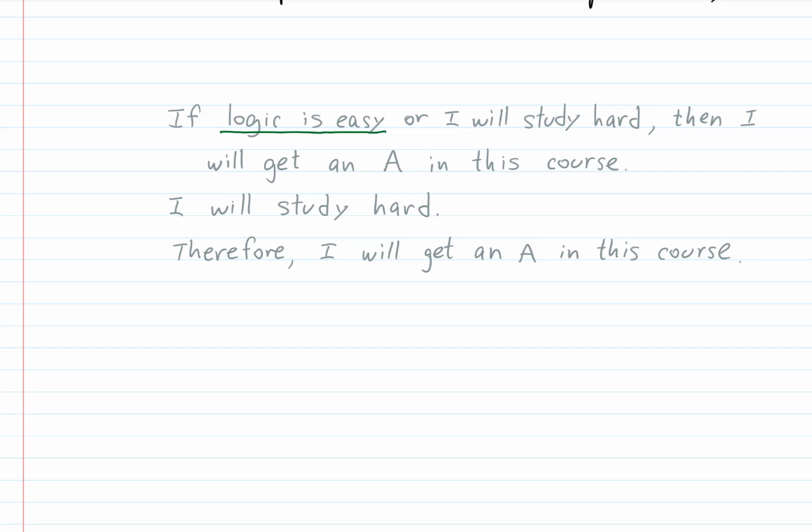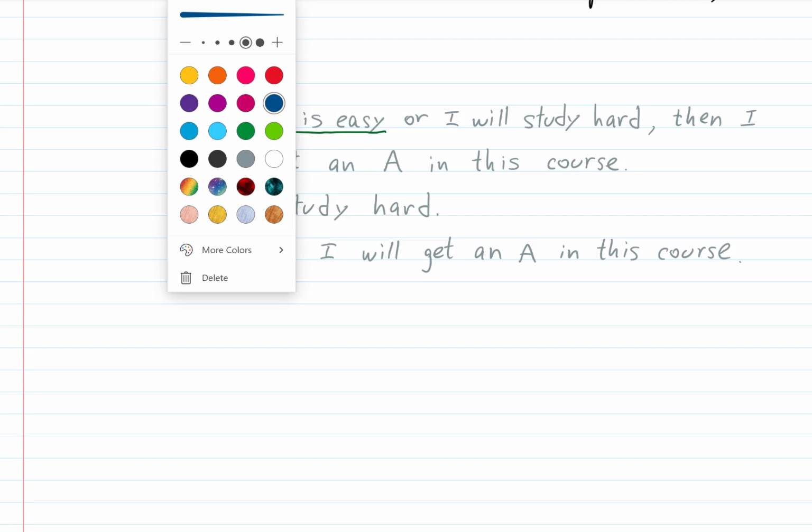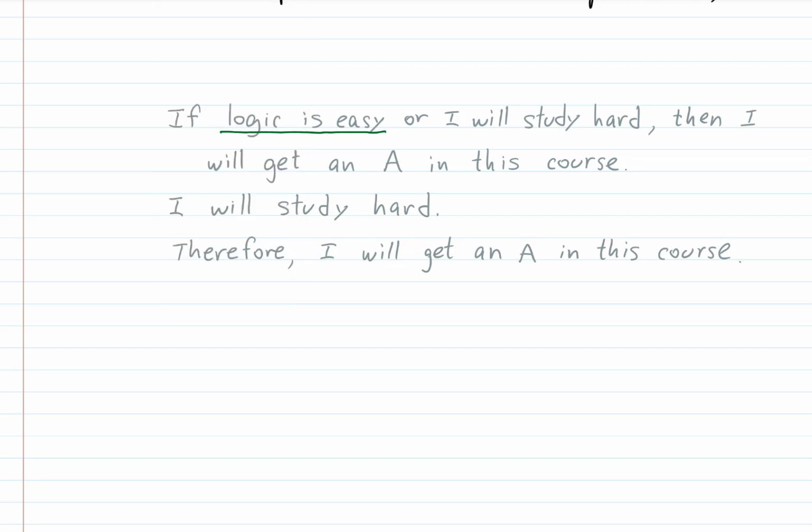Here's another statement that I see: I will study hard. That's a statement. It's either true or it's false. Either I will study hard or I won't study hard. And I see one more statement inside of that first statement of the argument. Although I do want to take this word I here and move it down right here.